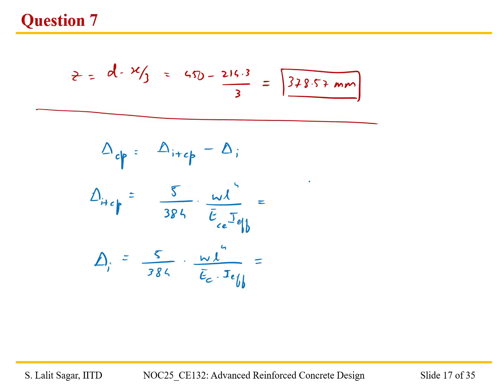So let me plug in all the values now, right? 5 by 384 into W is how much? 21, right?